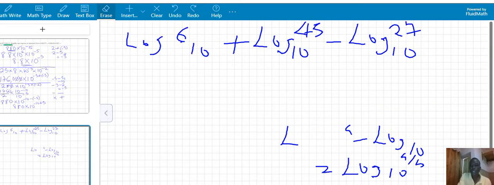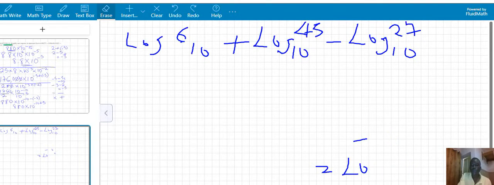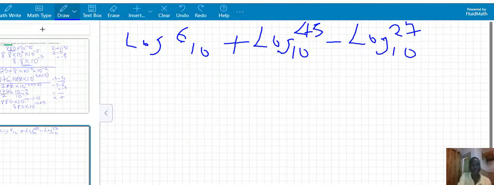If we look at the first question, you are asked to find the logarithm of log 6 base 10 plus log 45 base 10 minus log 27 base 10. So we'll have log base 10.